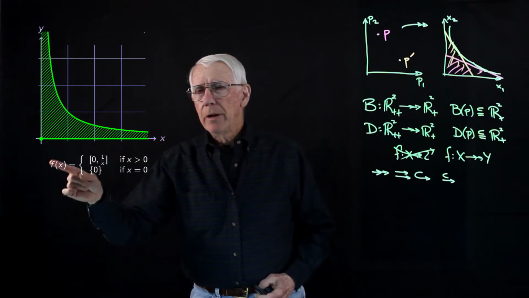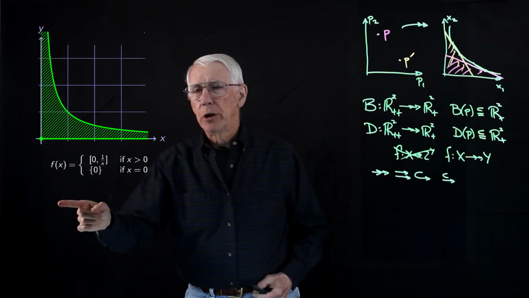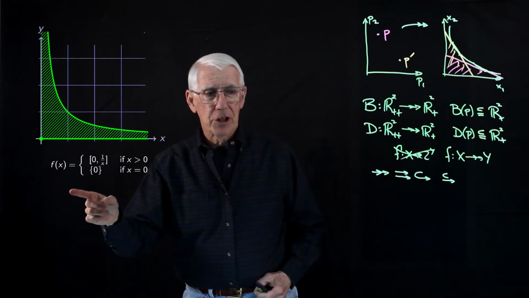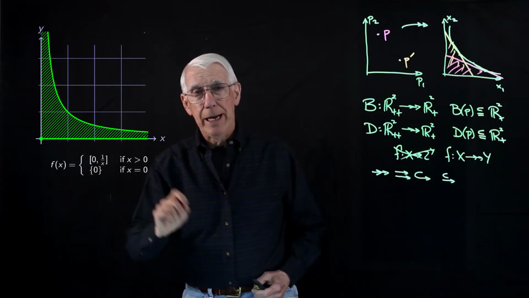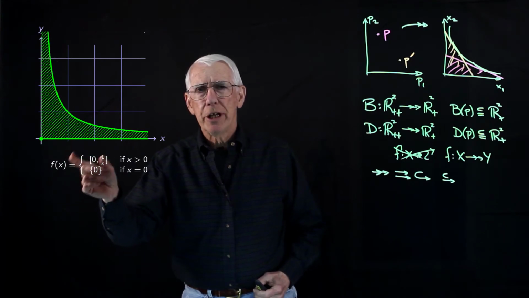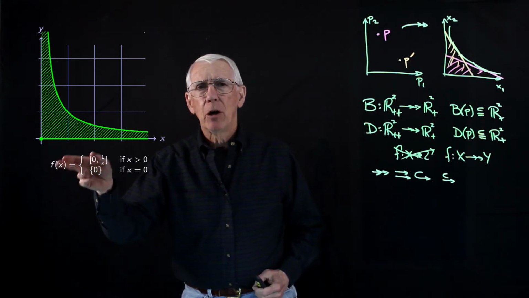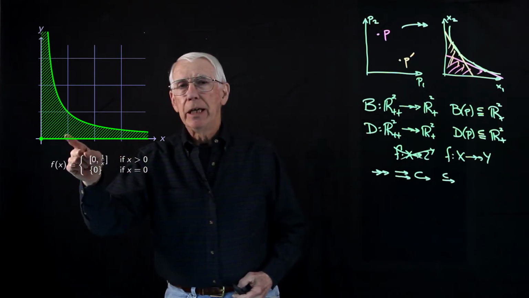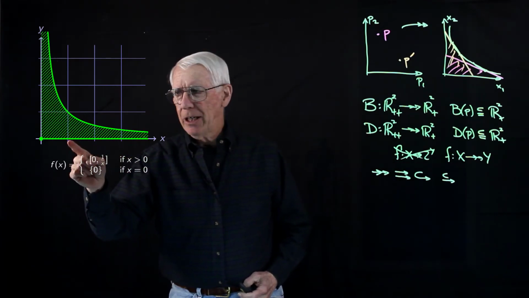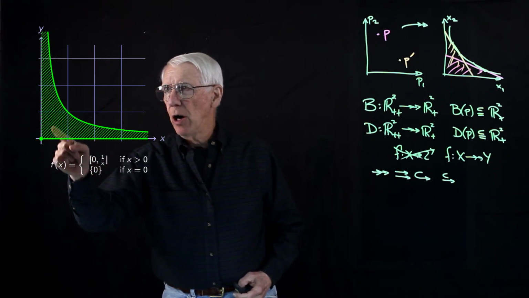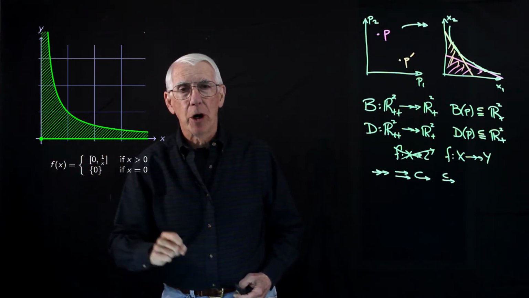So here the correspondence picks out either a singleton set, the set consisting of just 0 when x is 0, or it picks out a closed interval, the interval from 0 to 1 over x. So for positive values of x, the image of x is everything from 0 up to 1 over x.